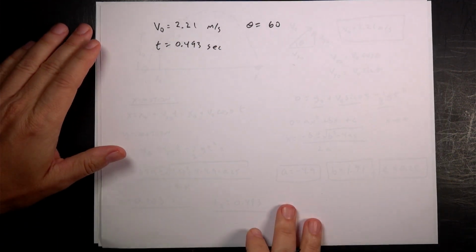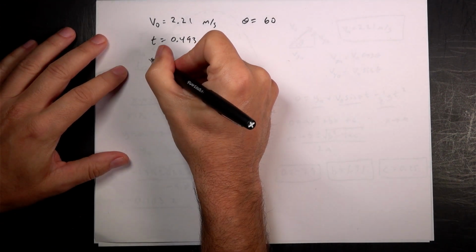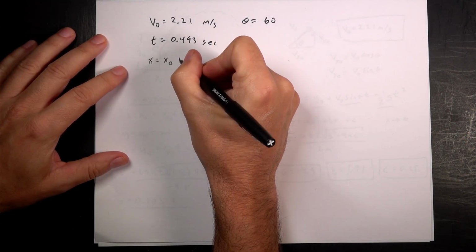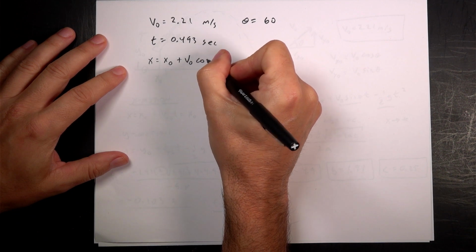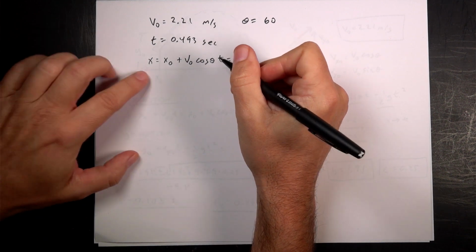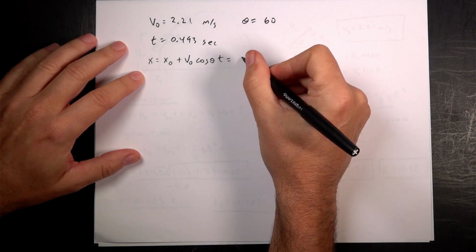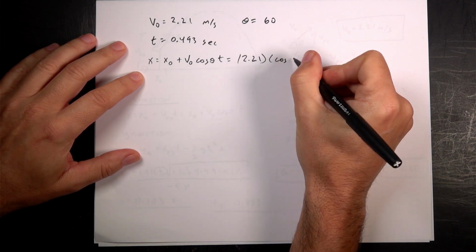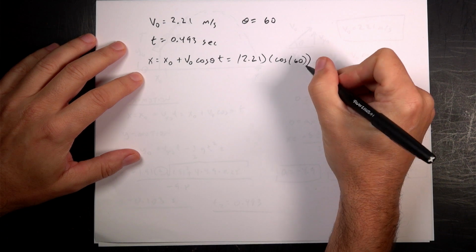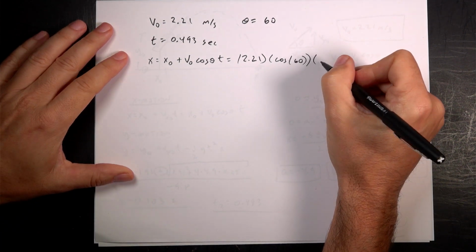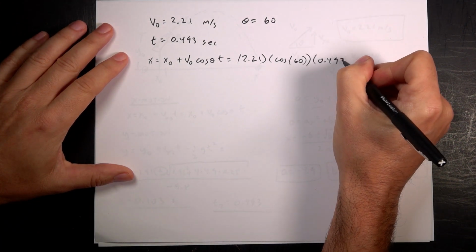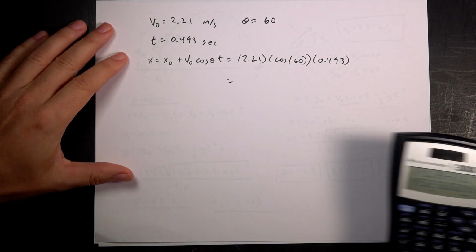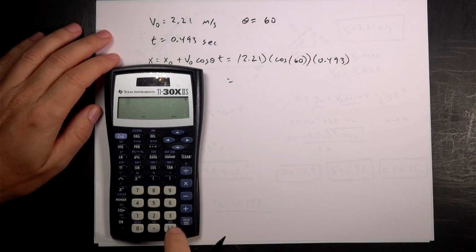So x equals x0 plus v0 cosine theta t. So x0 was 0, so it's just going to be v0, 2.21 times cosine of 60, which you don't have to do on the calculator, times 0.493, and we get our total distance traveled.